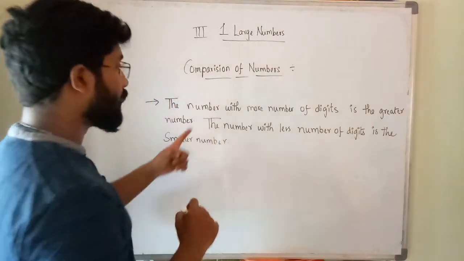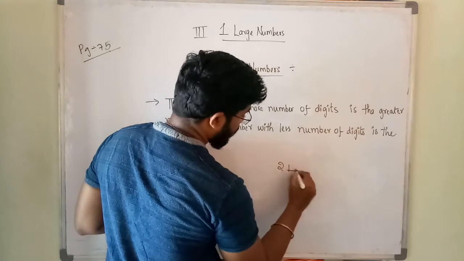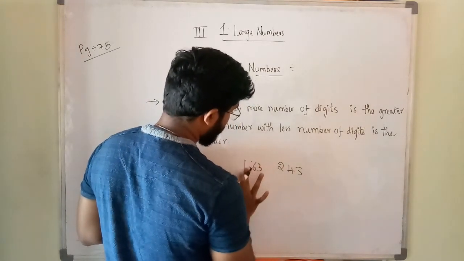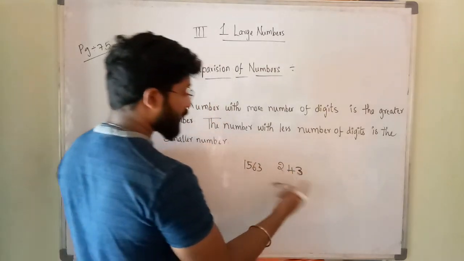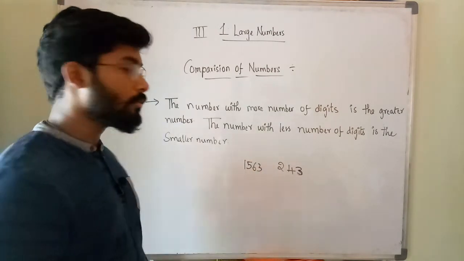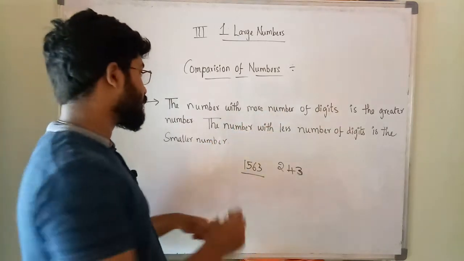So let us see. So 243 is there, 1563 is there. So which number is greater among these two? This number only, because it is having more number of digits. That's what he is saying.